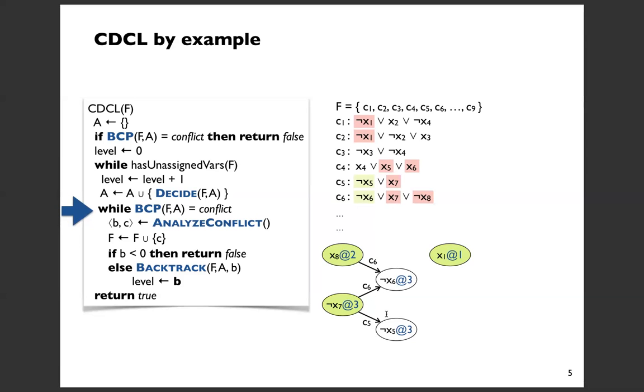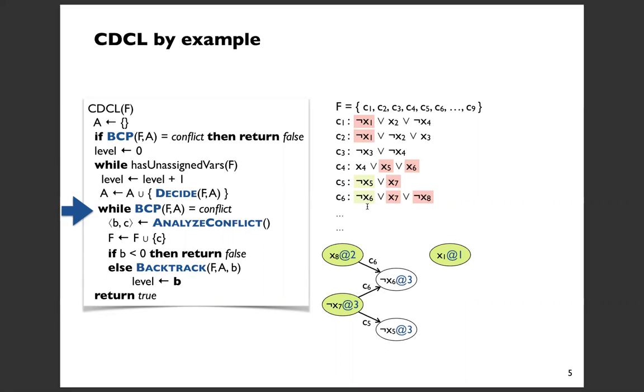So as a result of X6 and X5... no, what is C6? No X5. So X6 and these decisions, that becomes unit C6, and it implies a decision on X6, and that's what is being shown there.